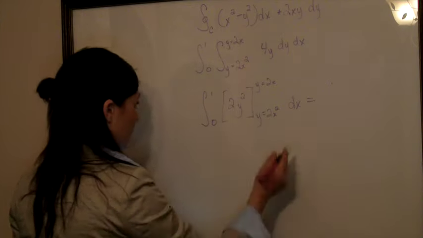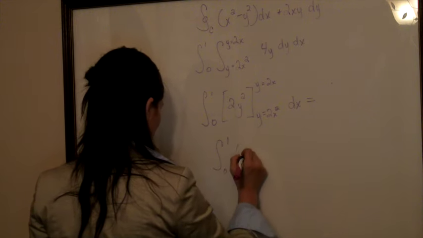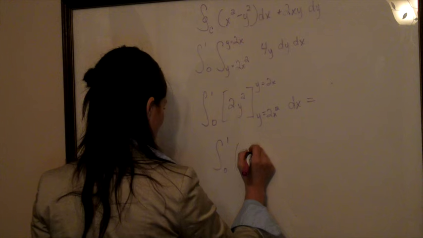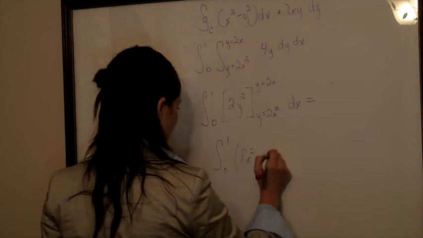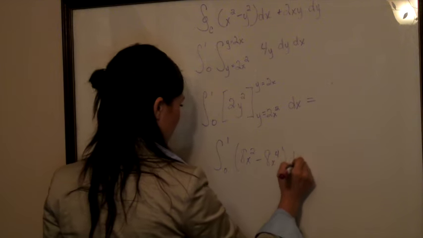And this will give us 8x squared minus 8x to the 4th power dx.